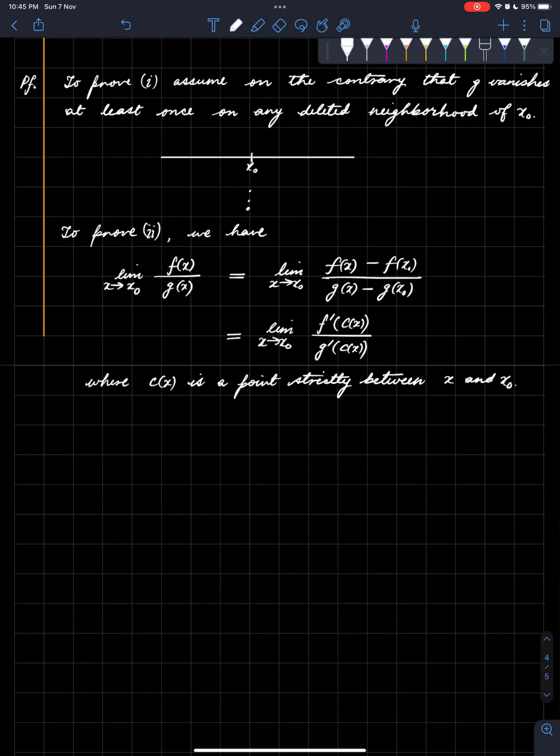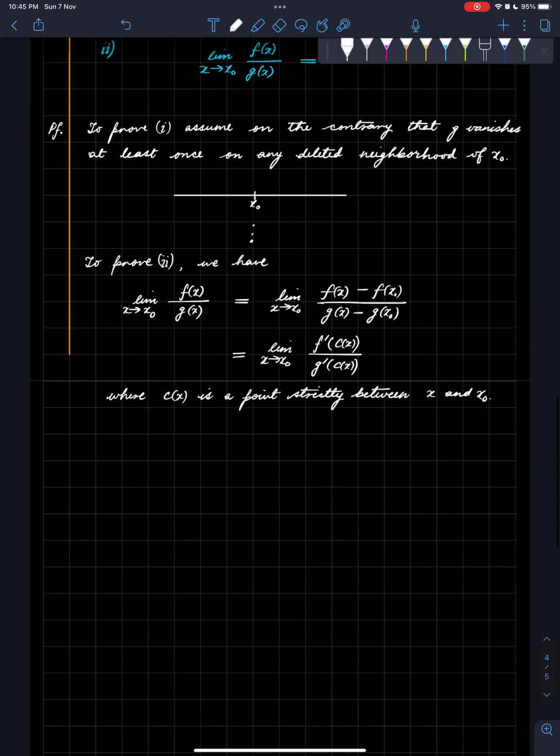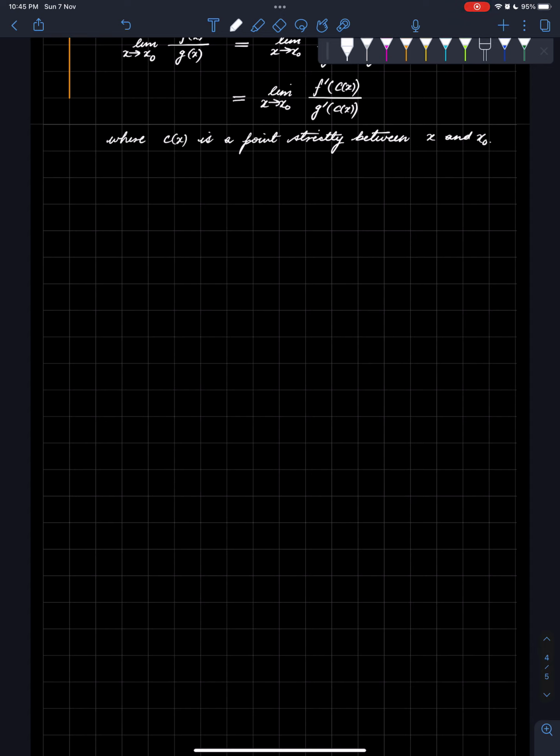Such a c(x) exists because of Cauchy's mean value theorem, which we recalled in the beginning of this lecture.